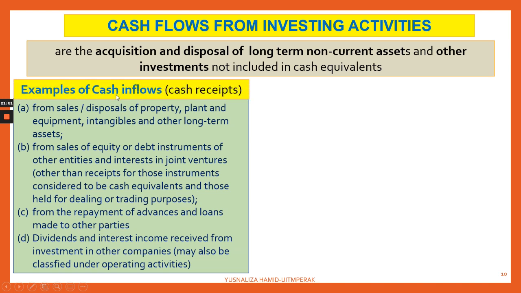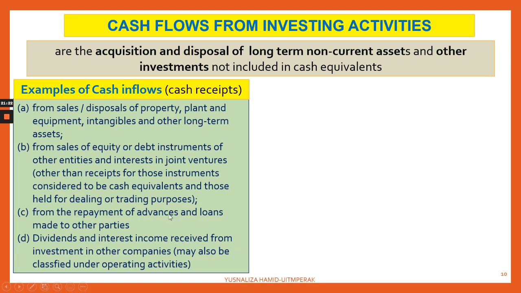Examples of cash inflows or cash receipts coming from investing activities: from the disposal or sale of property, plant, equipment, intangible assets, and other long-term assets like investment property and biological assets. From the sale of equity or debt instruments, this one is for joint ventures, a company that has joint ventures.